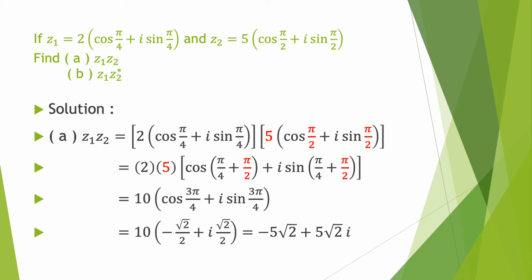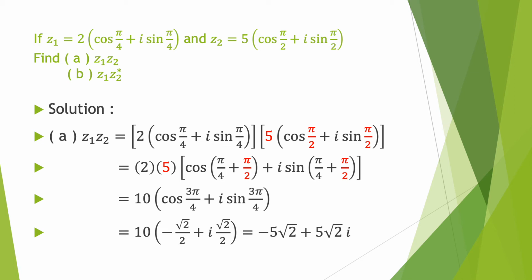So it equals 2 cis pi over 4 multiplied by 5 cis pi over 2. We multiply the moduli, 2 multiplied by 5, and add the arguments, pi over 4 plus pi over 2. So we have 10 cis 3 pi over 4.